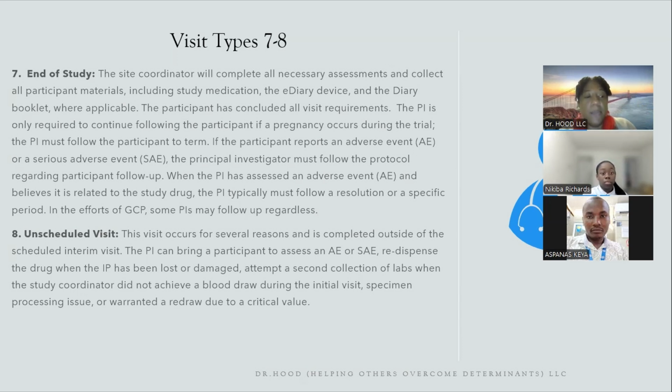We also can bring a patient in for an unscheduled visit for a redraw or to get a lab. So if they were very dehydrated on that scheduled visit and you couldn't get any blood to come in, you can bring them in the next day or next couple of days to get that lab. Now, depending on the protocol, you might still be able to use the kit associated with that visit versus using an unscheduled visit kit.